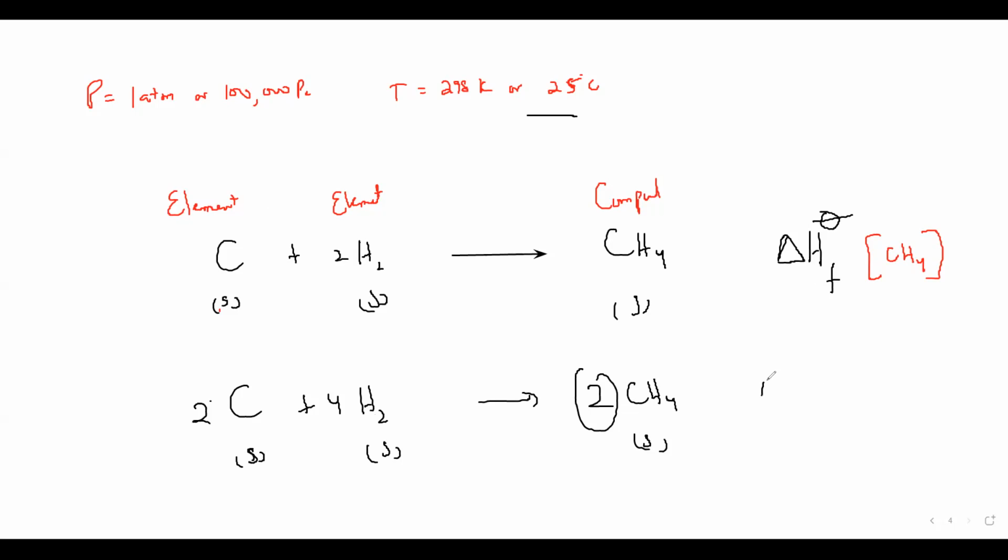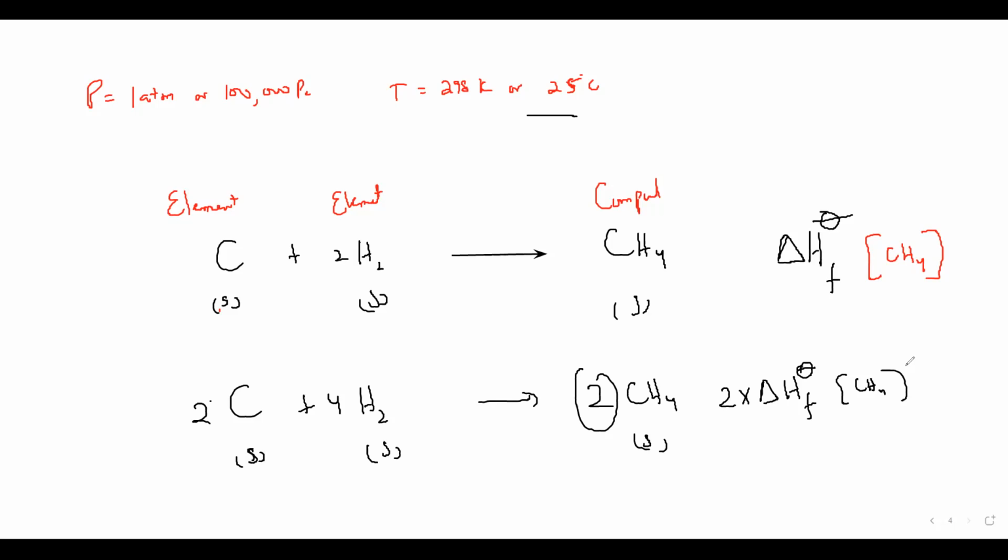So we write standard enthalpy change of formation of methane, but because it refers to 1 mole, and here 2 moles are formed, it will be multiplied by 2. So this enthalpy change or energy change is standard enthalpy change of formation of methane multiplied by 2, because 2 moles of methane are formed.